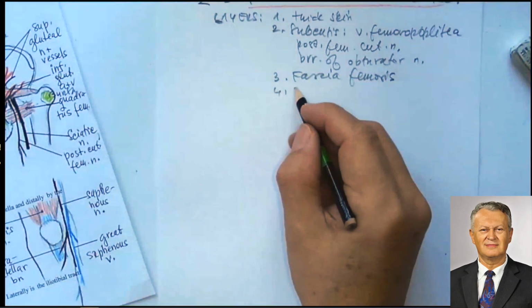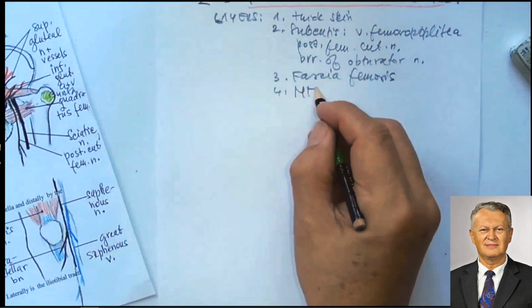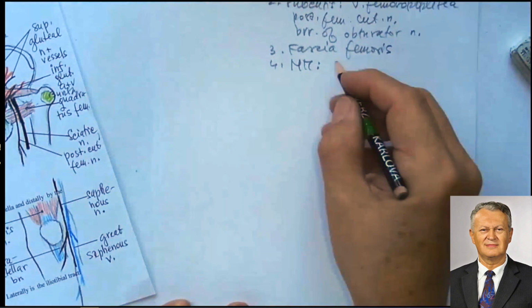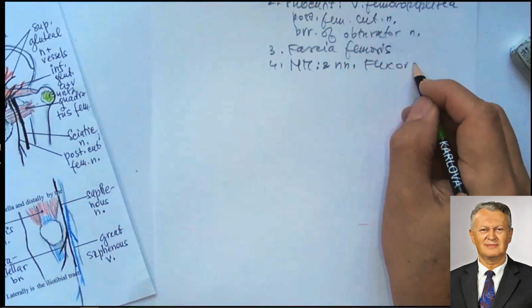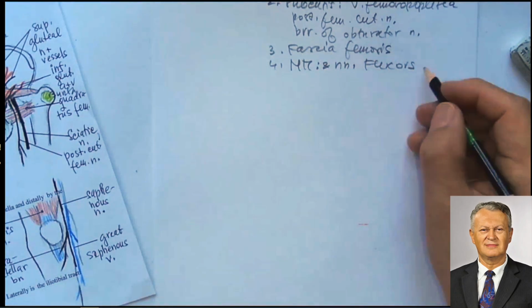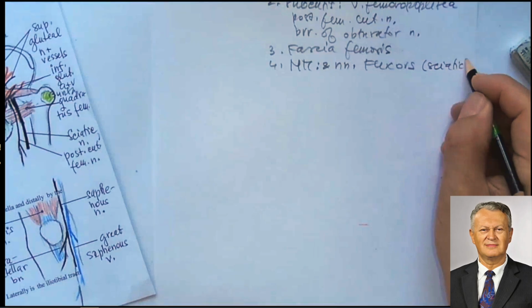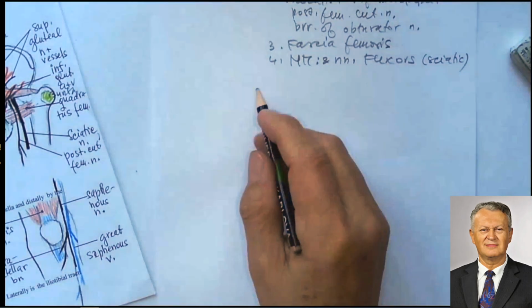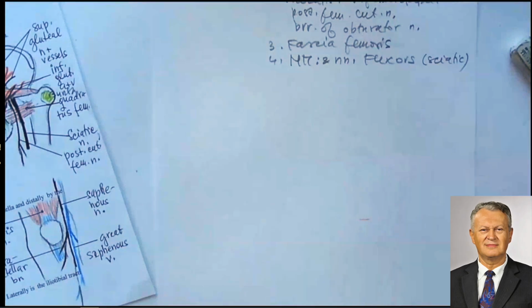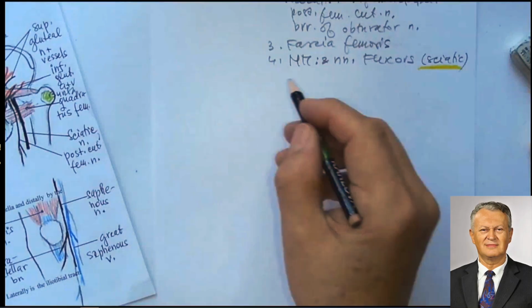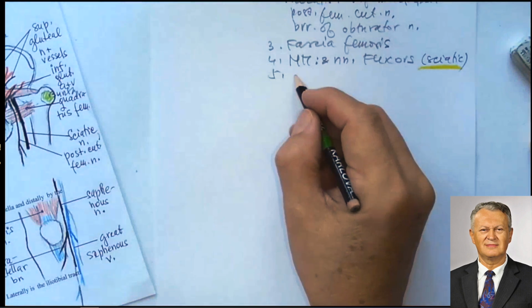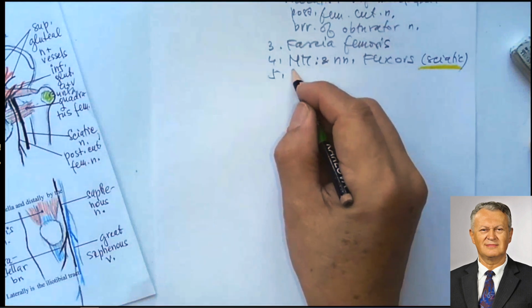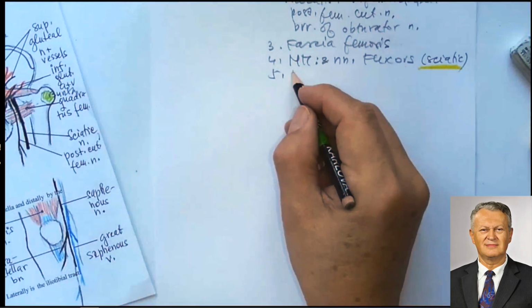Then follows number four, the muscular layer, or simply muscles and nerves. Of course, they are flexors, so it is easy to remember that this is the sciatic nerve. We can put also the sciatic nerve, we said, with the branches already mentioned. And then number five, the deep femoral artery, we would say, perforating arteries.